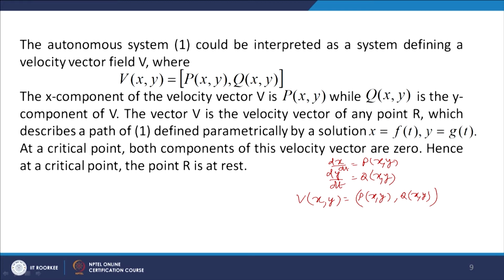the x component of the velocity vector V is P(x,y), while Q(x,y) is the y component of V. The velocity vector V at any point R describes a path defined parametrically by a solution x equal to f(t), y equal to g(t).